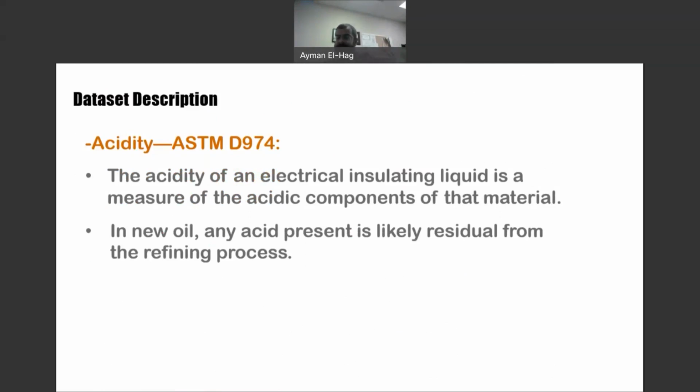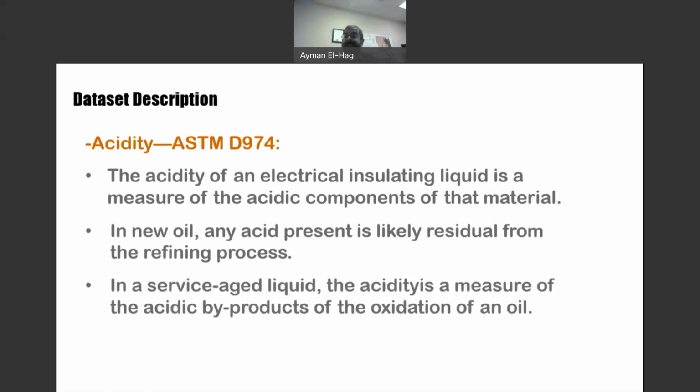Those oils are coming from crude oil. So the transformer oil is coming from crude oil. Sometimes there are a little bit of traces. However, in service, as I said, this acidity is a measure of the acidic byproducts of the oxidation of the oil. So whenever there is some oxidation, then the acidity goes high. So a higher level of acidity is bad. It's not good.